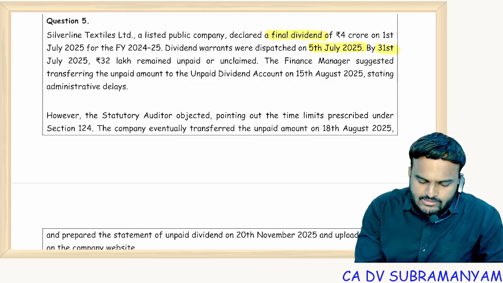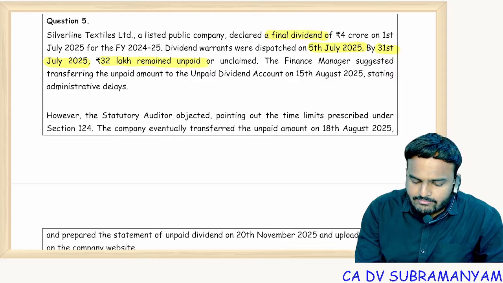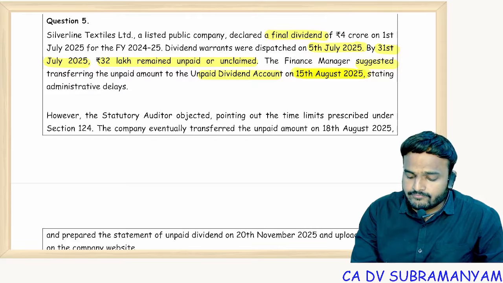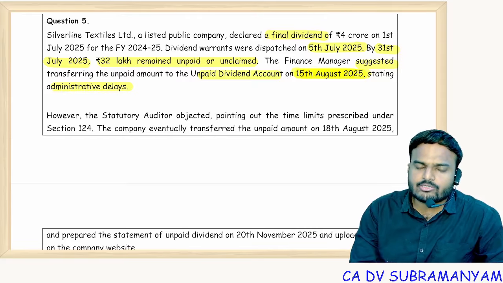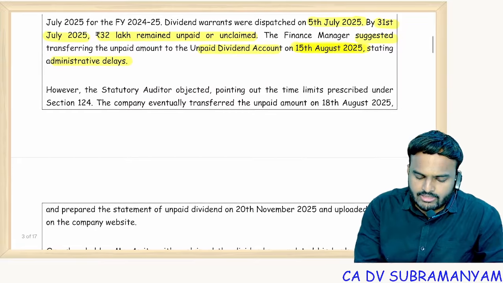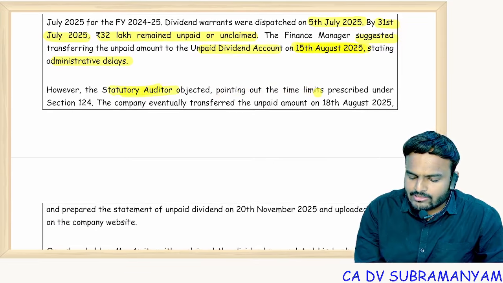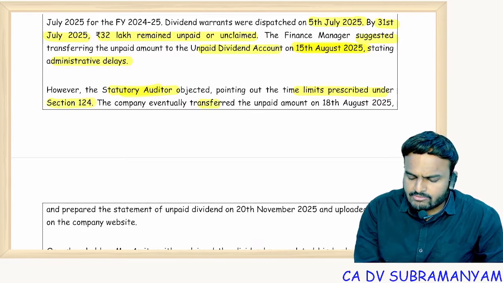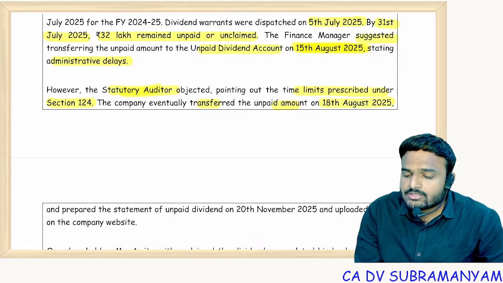By 31st July 2025, 32 lakhs remain unpaid, unclaimed. The finance manager suggested transferring the unpaid amount to the unpaid dividend account on 15th August, citing administrative delays. However, the statutory auditor objected, pointing out the time limit prescribed under section 124. The company eventually transferred the unpaid amount on 18th August.